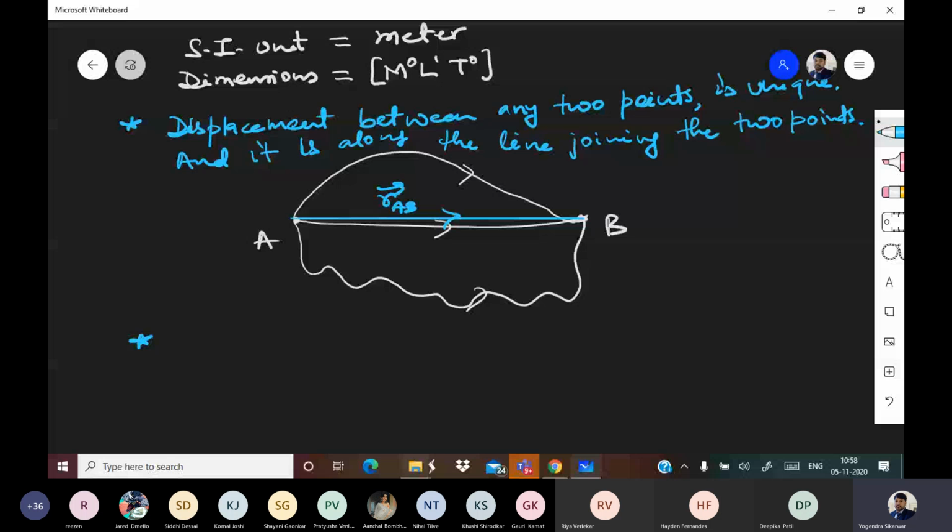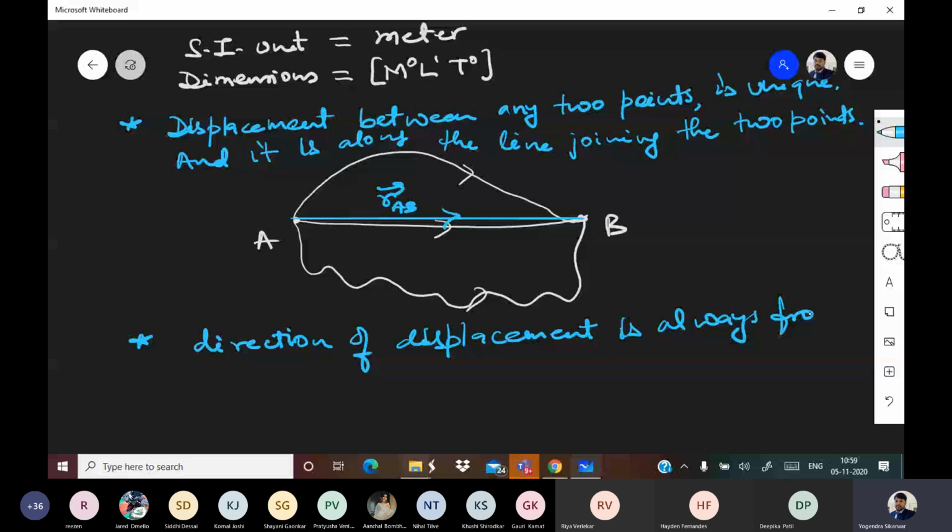Direction of displacement is always from initial point to final point.